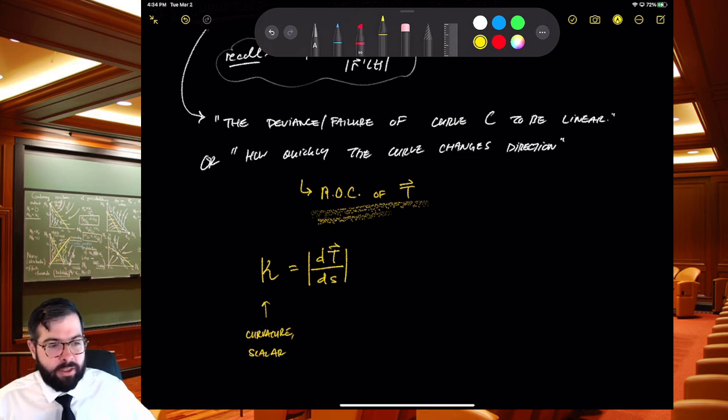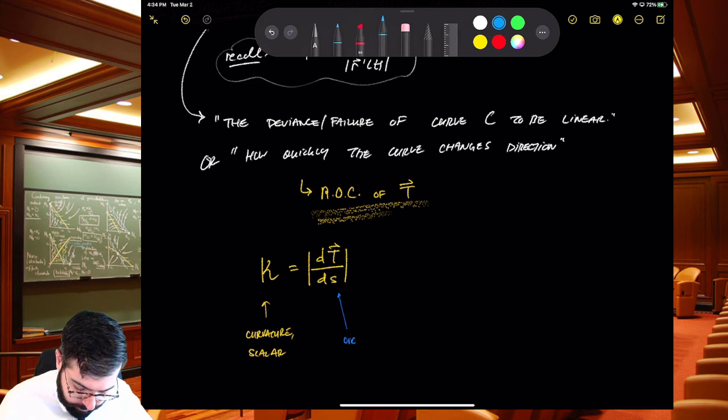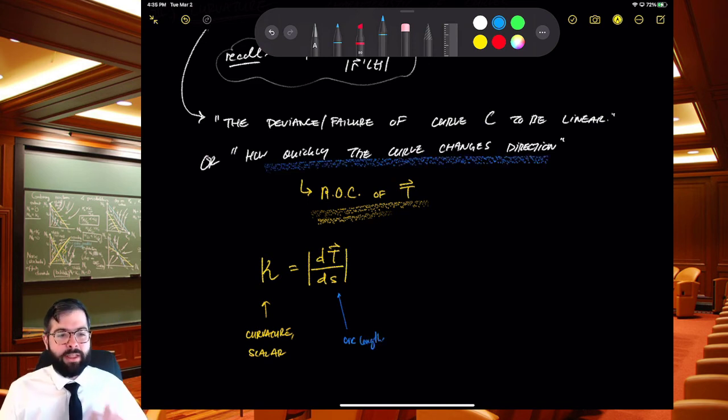And if you read it as written, knowing Leibniz notation, it's the rate of change of the tangent vector, so how fast it's turning with respect to s, which is arc length. How quickly it's turning. That's what this means.